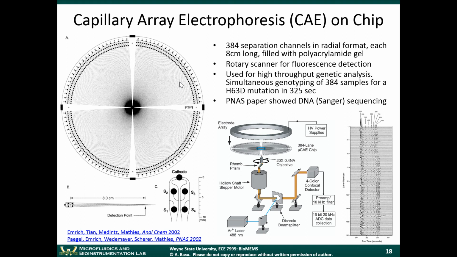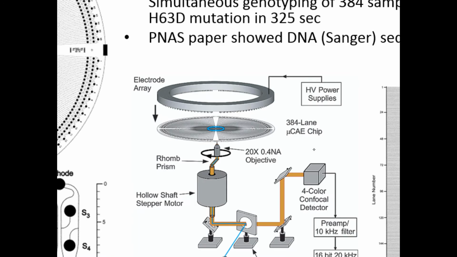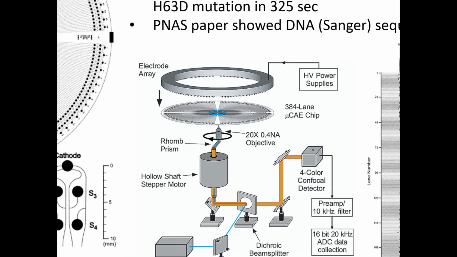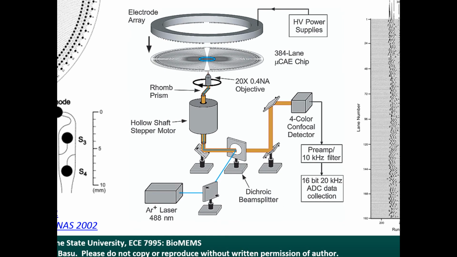The way that they were able to do this is by using a sort of rotary setup. This rotary setup could spin this objective in a circular manner, and as it was spun around, it was going through each of these radial channels one by one and looking at the fluorescent signal coming from those channels.